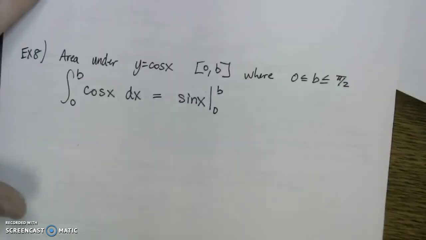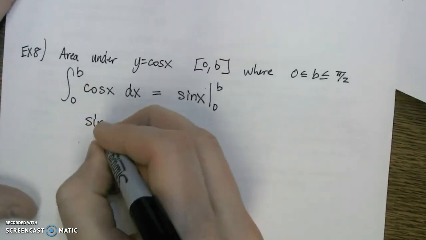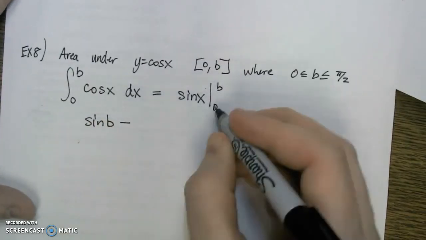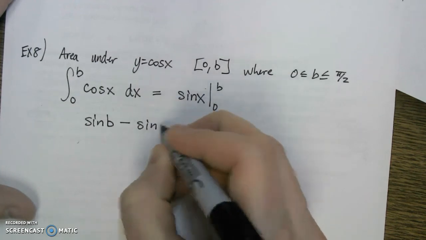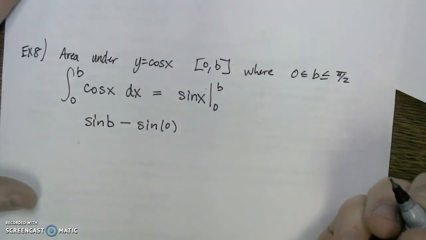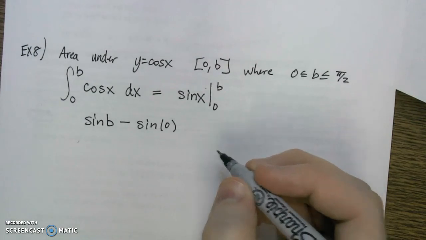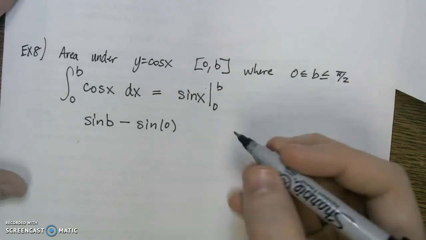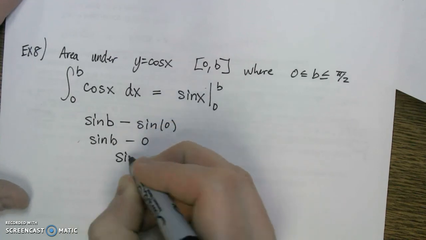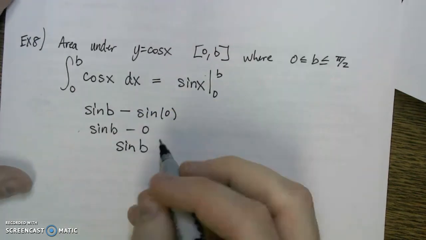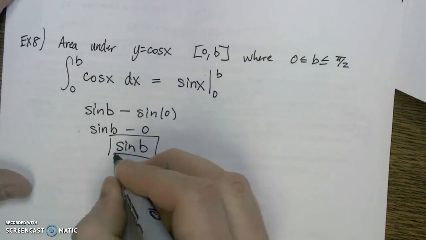So if I plug in the upper limit of integration, I get sine b. And then subtract, plugging in the lower limit of integration. And then sine of 0 is 0. So we're getting sine b minus 0. So we get sine b. And so that would be the first part that they wanted us to do.